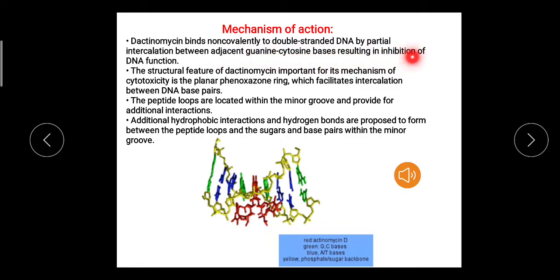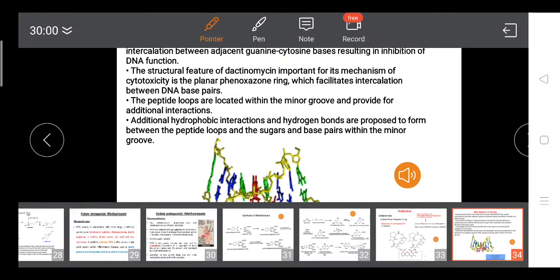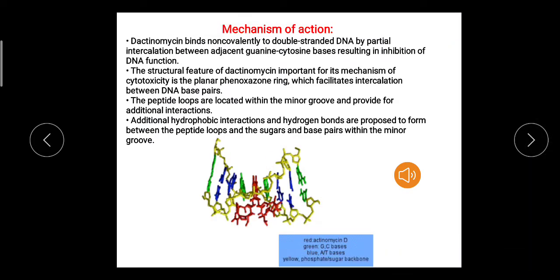Also, the peptide loops, which are located within the structure, have minor grooves and also have an additional interaction with the DNA, and the hydrophobic interaction and hydrogen bond are proposed to form between the peptide loops and the sugars and base pairs within the minor grooves. So this is the mechanism of action.